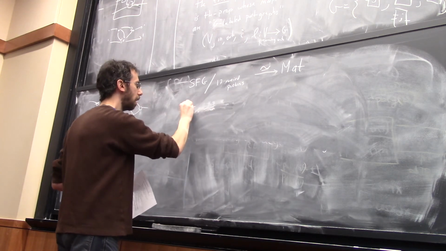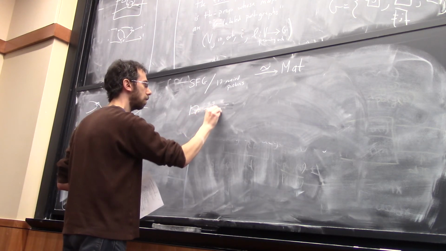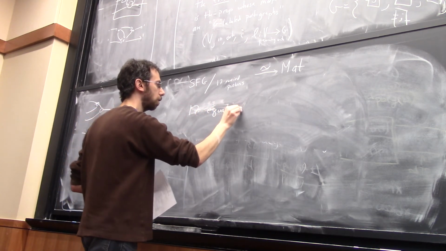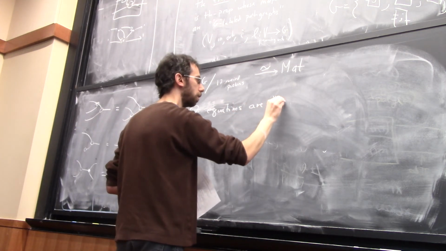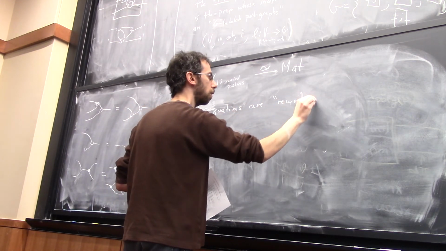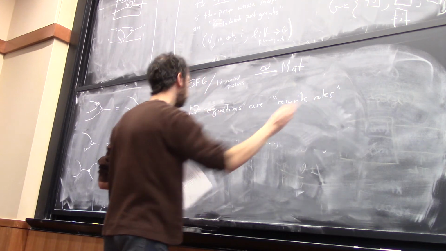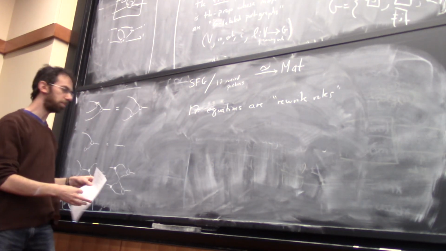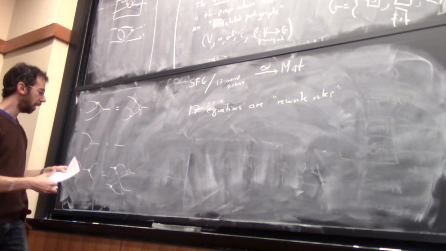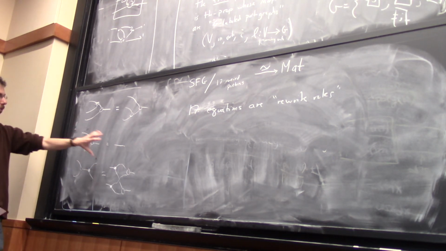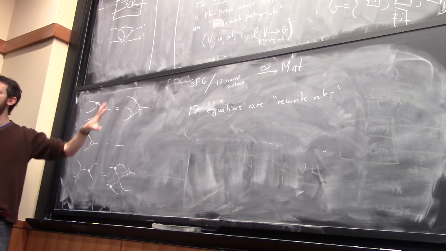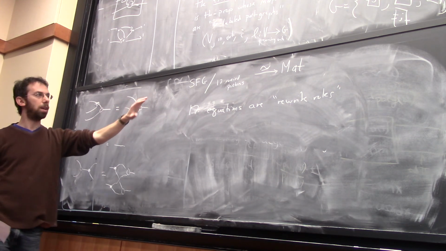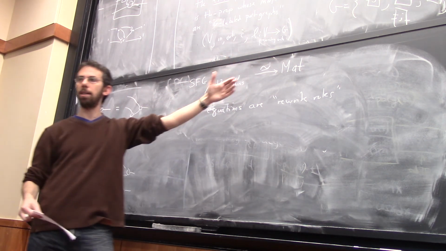So these 17 equations, or pictures, are rewrite rules. They tell you if you have one picture, if you have some crazy prop morphism, some signal flow graph, and you can rewrite it using these rules, and you can rewrite it any way you want, and it'll be the same matrix. It'll have the same semantics.